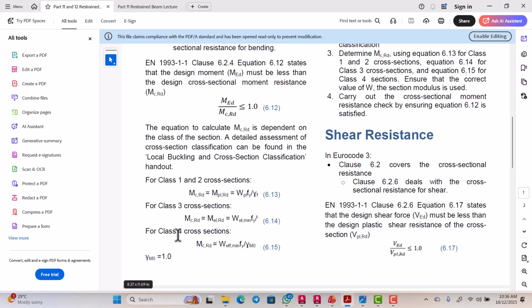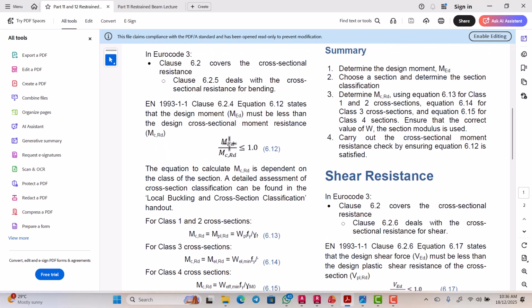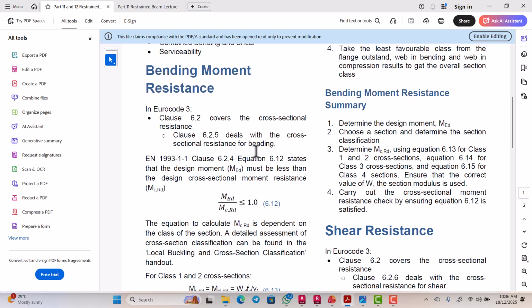For a class 4 cross section, this is also the formula for it. After you have checked the bending resistance and the ratio is less than or equal to 1, then you know that your bending moment resistance is okay.